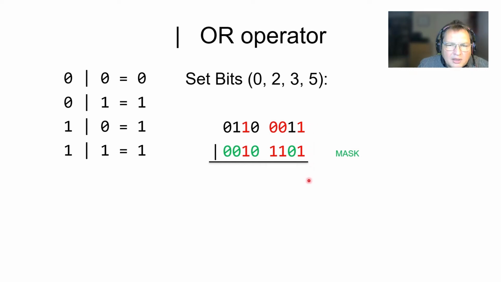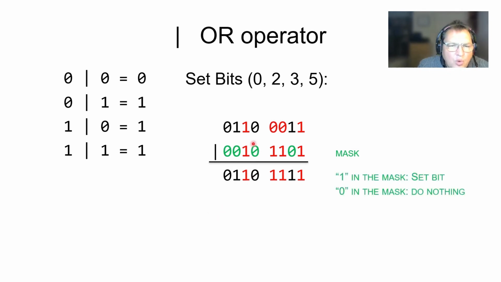1 or 1 is 1, 1 or 0 is 1, 0 or 1 is 1, 0 or 1 is 1, 0 or 0 is 0, 1 or 1 is 1, 1 or 0 is 1, and 0 or 0 is 0. You can notice one interesting thing.